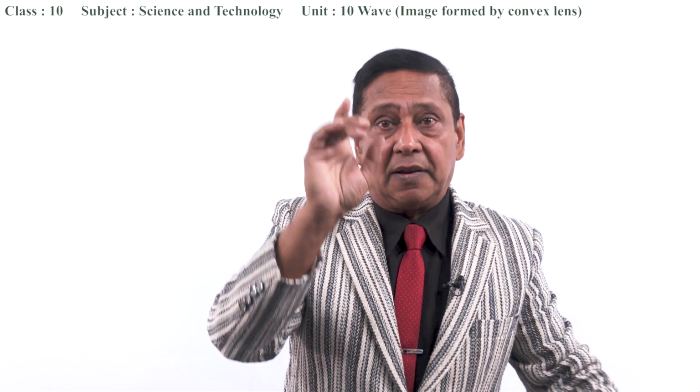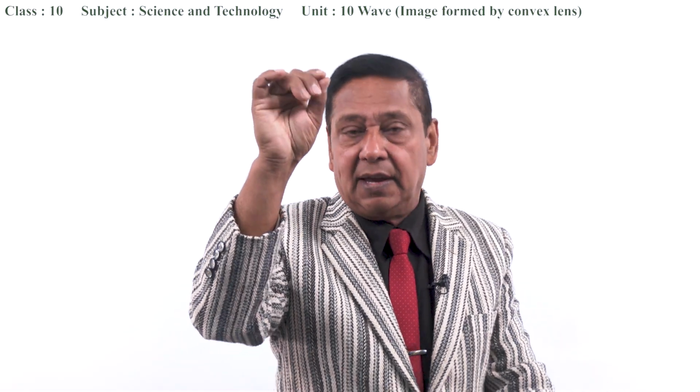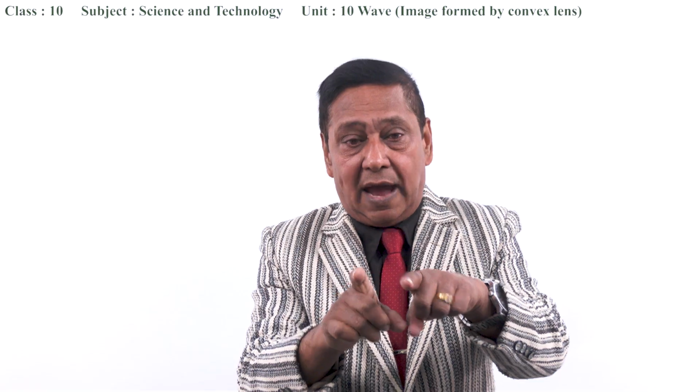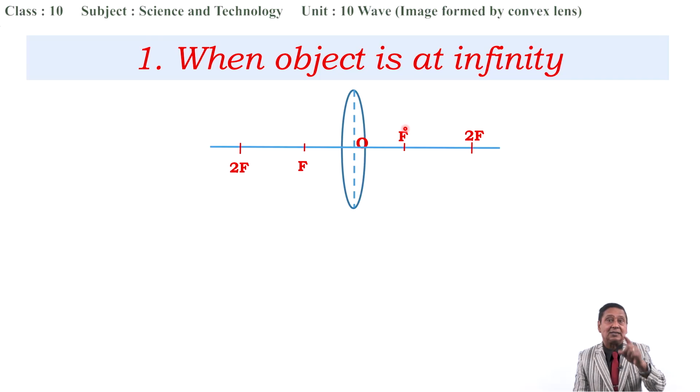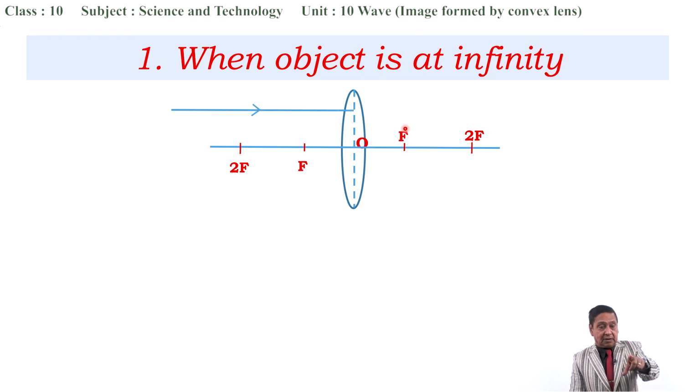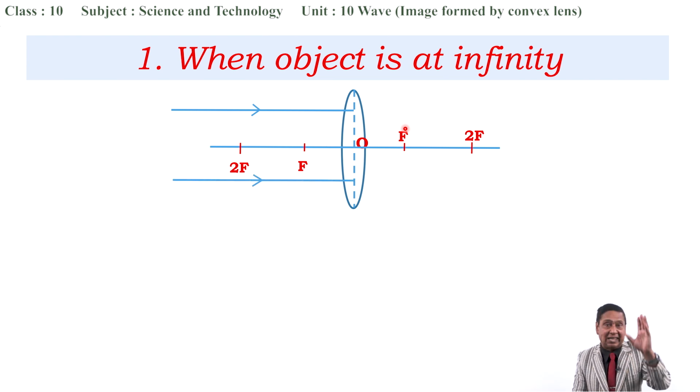So, the rays of light coming from a very far distance can be drawn parallel to each other, and we can draw these parallel rays parallel to the principal axis. A ray of light coming from the object is parallel to the principal axis, another ray also coming from the same object parallel to the principal axis.